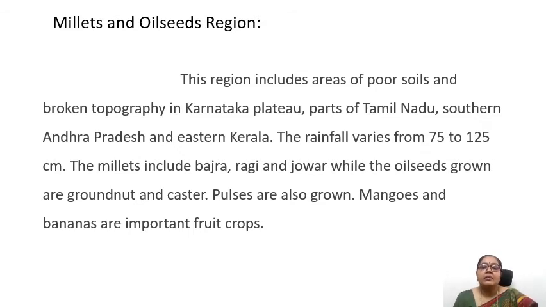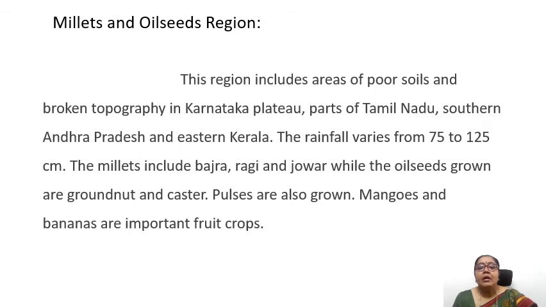The millets here include bajra, ragi and jowar. We all know how ragi is a staple food for people in Karnataka. It is rich in calcium and nutrients, making it one of the primary millets consumed in the area.